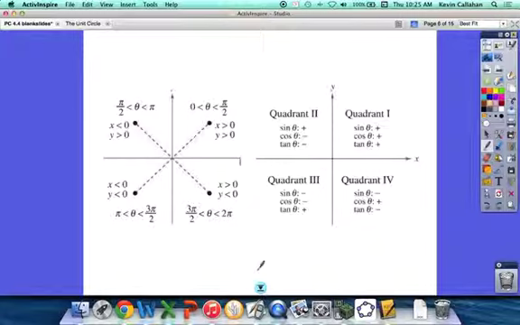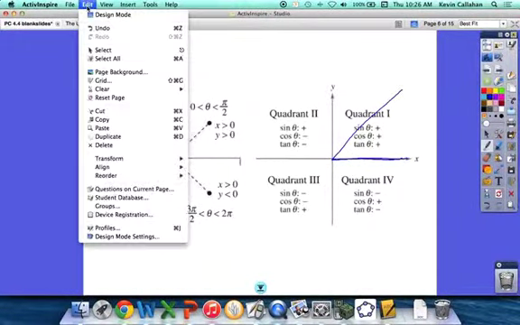And also understand that when you're drawing your picture, the terminal side always emanates from the origin, right? If we're drawing an angle, here's the one side, and you have to have the second side start from there. It's always starting from there.